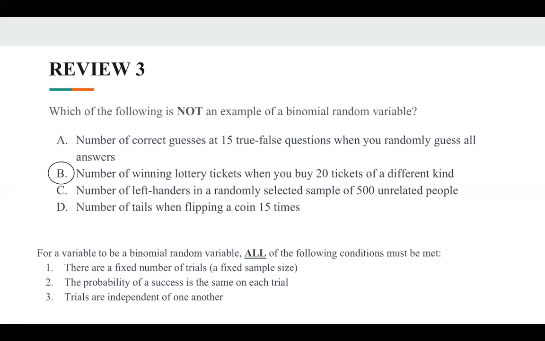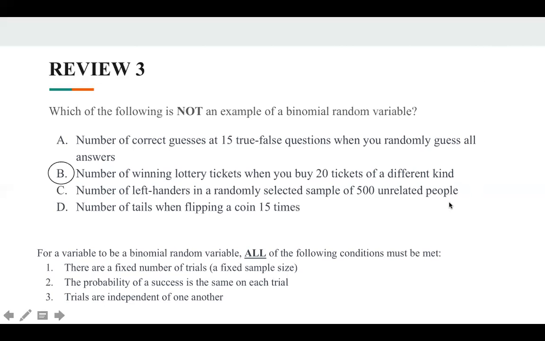And then for B, going back, this is not an example of a binomial random variable. So the number of winning lottery tickets when you buy 20 tickets of a different kind. So there are a fixed number of trials, that is true. 20 is our fixed sample size. The probability of success, however, is not the same on each trial since they are different lottery tickets for each.